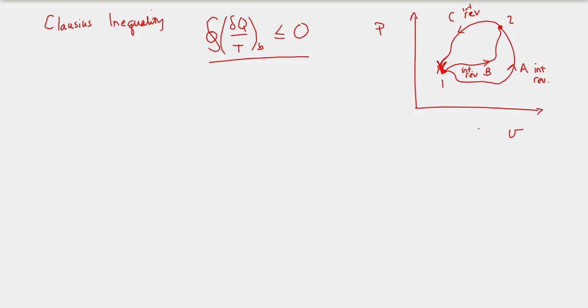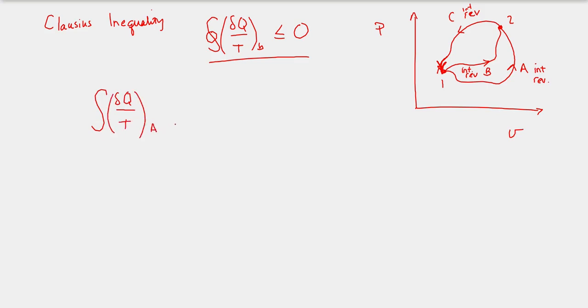Okay, so if we look at this process here, I can take path A and combine it with path C, and I can make a cycle. Then I can apply the Clausius inequality for that cycle.